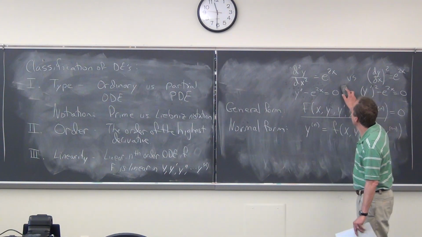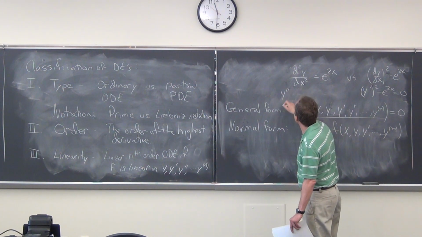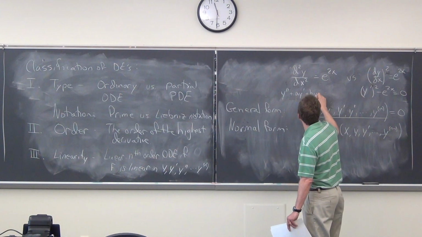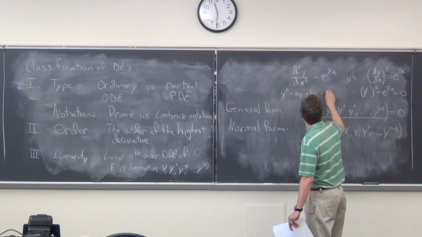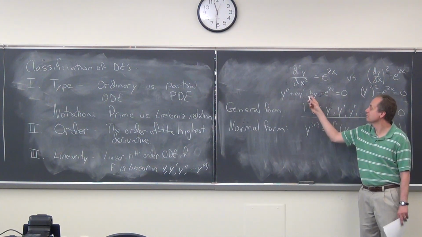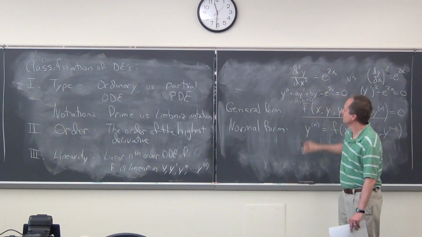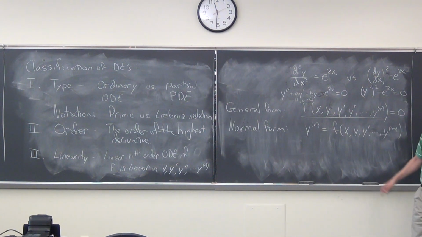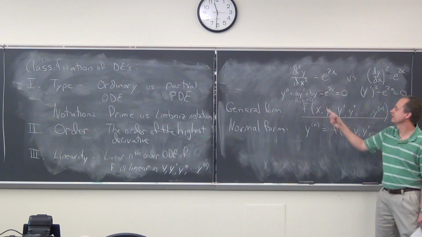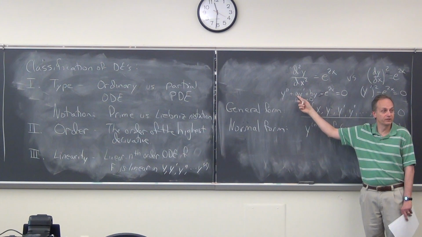In other words, we can write this in the form, in our case, a and b are equal to 0 for this particular example. And that's what makes it linear. So it's a linear expression in the variables y, y prime, y double prime. Although actually we could even allow coefficients that involve x, and it's still considered linear.